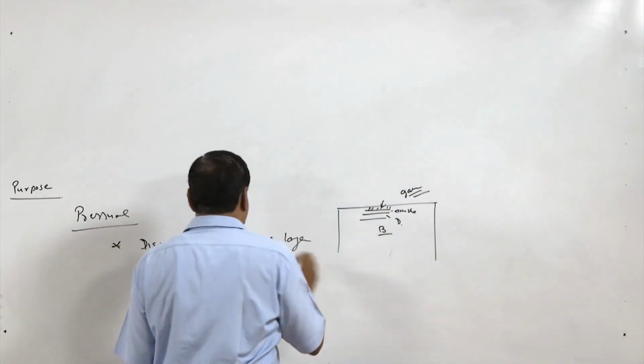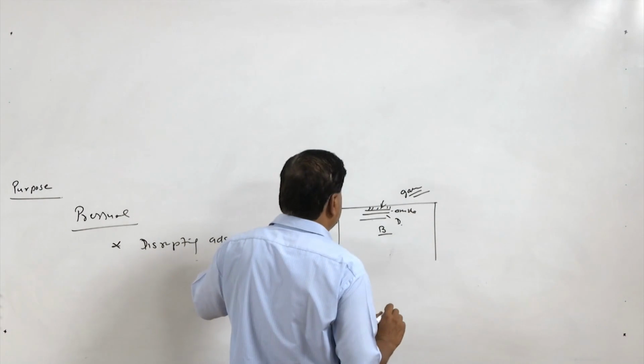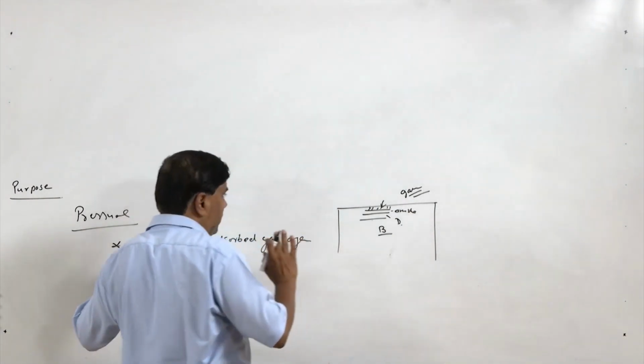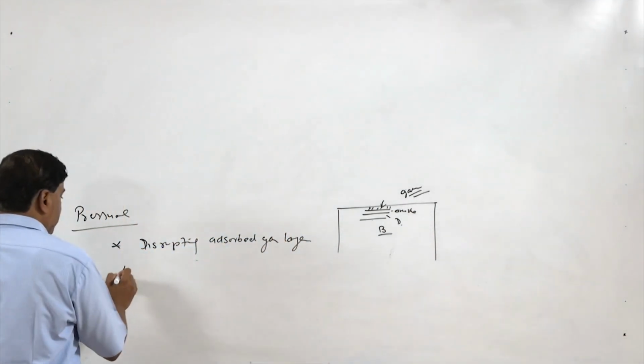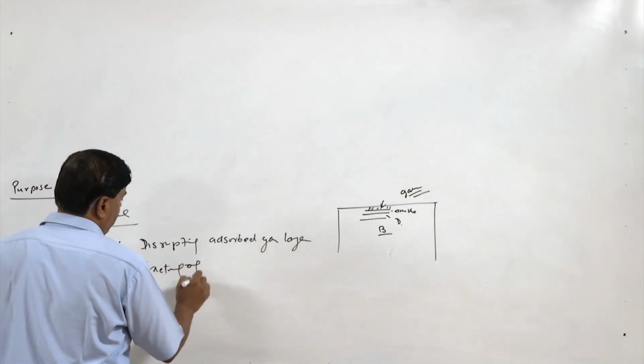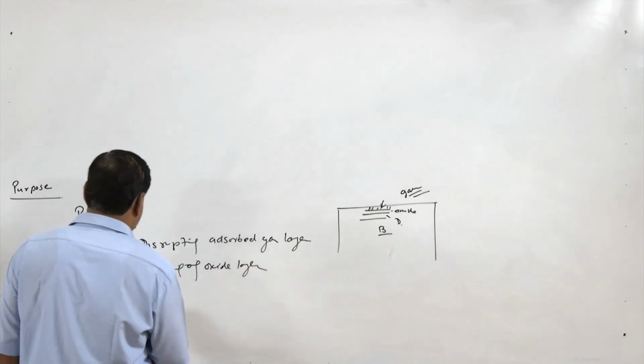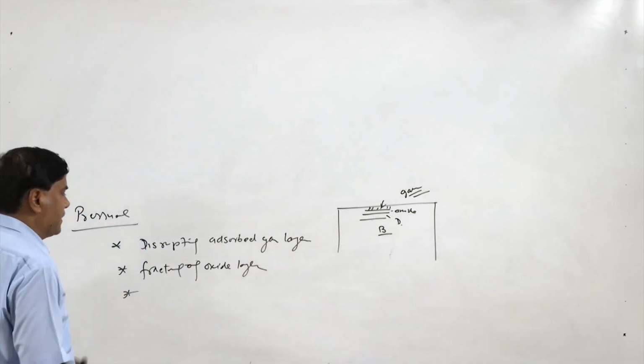With the application of pressure, the adsorbed gas layer is disrupted or broken down. Then fracturing of the oxide layer is also achieved when the pressure is applied.